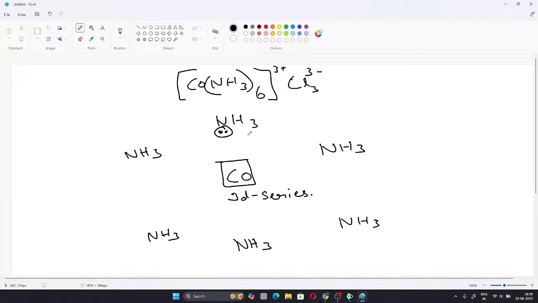If you remember the nitrogen's valency, it has 5 valence electrons and it has one lone pair of electrons. Each of these nitrogens will have a lone pair of electrons. When these NH3 molecules have a lone pair of electrons, they will send it to cobalt as a coordinate bond.